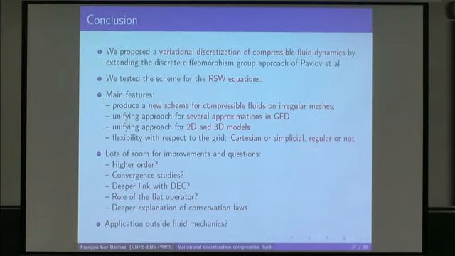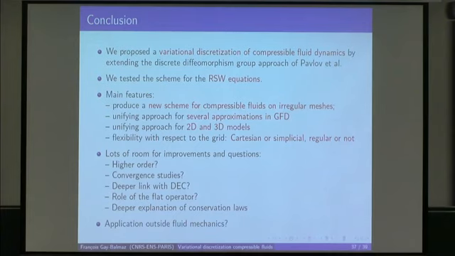So this is extremely an initial step, right? There are many directions in which we hope to make some contributions. For example, to go to higher order, right? It's extremely low order what we have, but it's technically possible to do higher order, and also to have a deeper explanation of this Casimir conservation that we don't really understand so far.